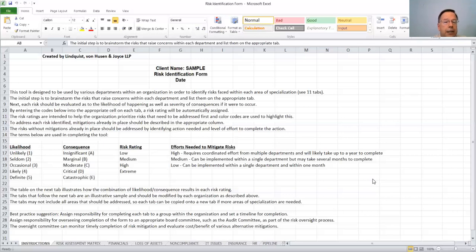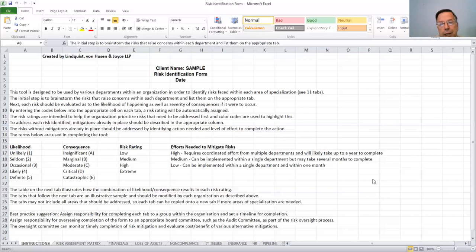So the idea here is that we have a list of risks, and we've tried to organize it by categories, and you see the tabs at the bottom of this schedule. It might be hard to see, but I'll be going through each tab in a moment.